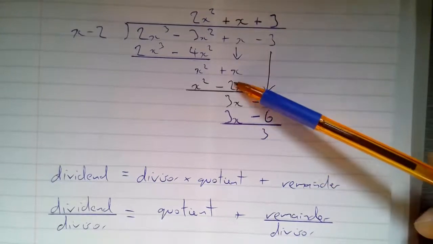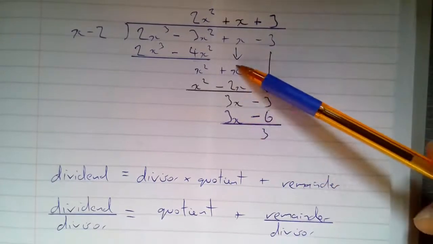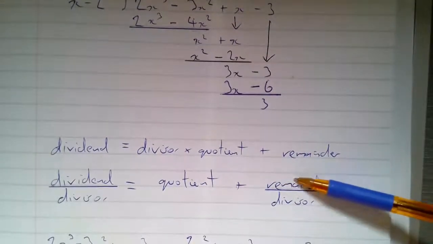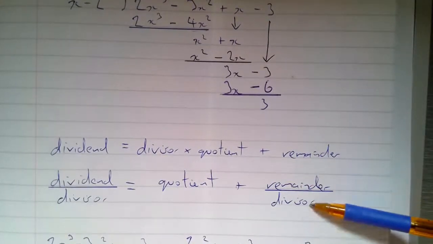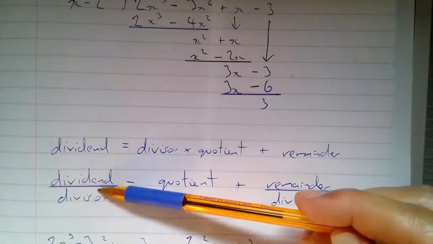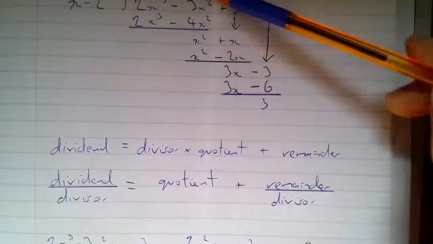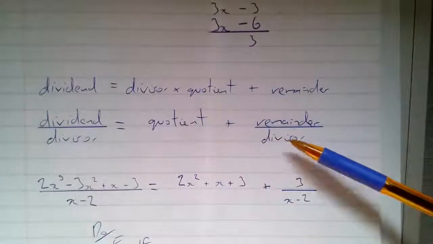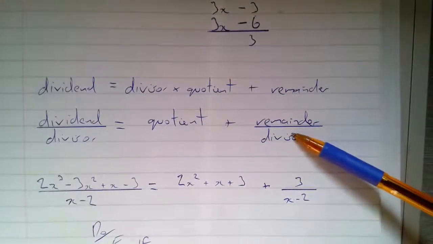We could stop halfway and call that the remainder instead. As long as we stop at a point where we've got a remainder which has order less than the divisor, then we can say our fraction is equal to the quotient that we had so far plus what fraction we've got left over.